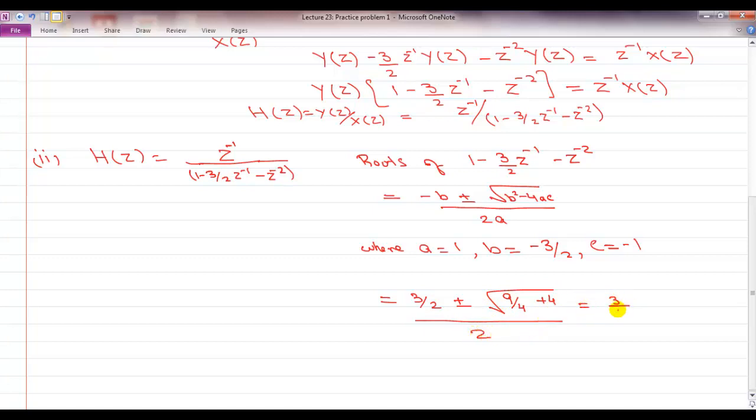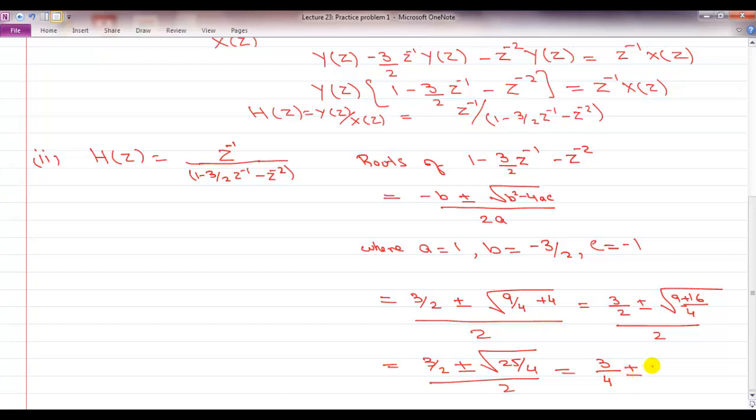So you get 3 halves plus minus the square root of 9 plus 16 over 4, over 2. That's 3 halves plus minus 25 by 4 over 2. And you finally do the calculation.